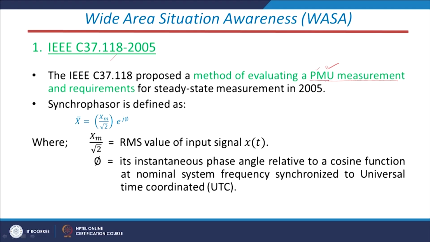The phasor measurement unit is a part of the wide area measurement system. It is an equipment which measures the sequence components of voltage and current, as well as the frequency. We will discuss in more detail about this PMU in the equipment and monitoring part of the smart grid system.